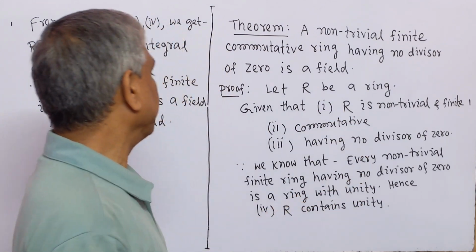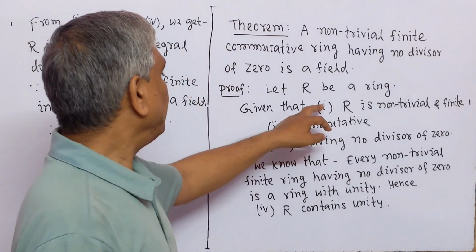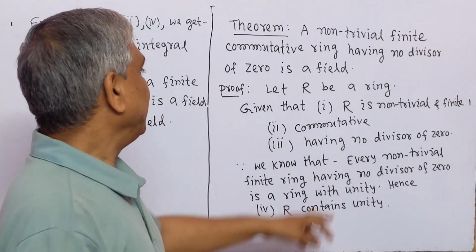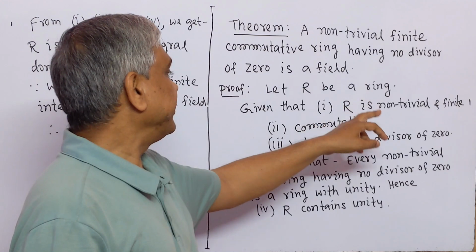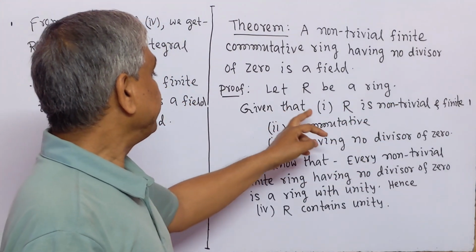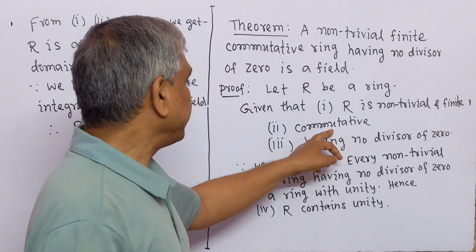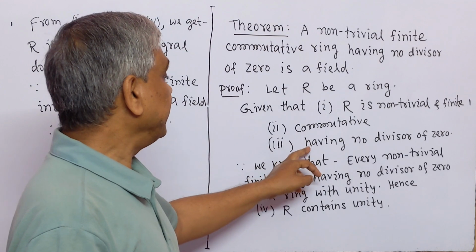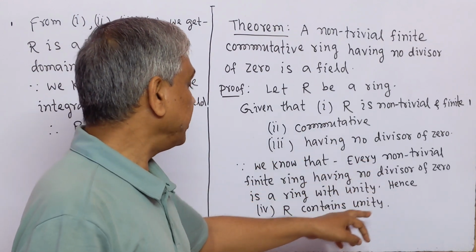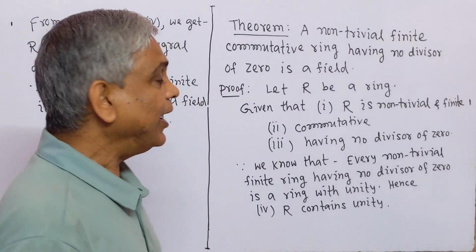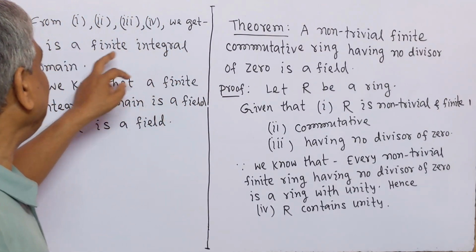This is number 4. From 1, 2, 3, 4, we get that R is non-trivial and finite ring. Number 2, it is commutative. Number 3, having no divisor of 0. Number 4, R contains unity. Therefore, R is an integral domain.